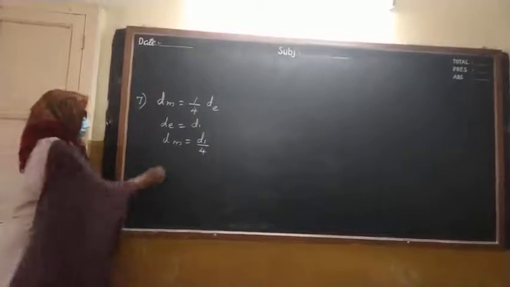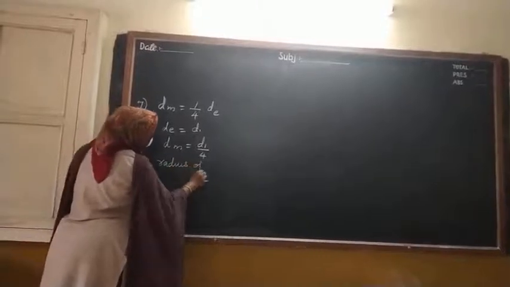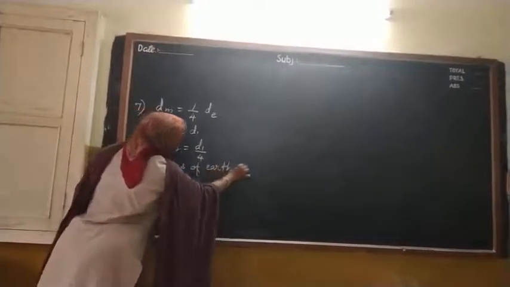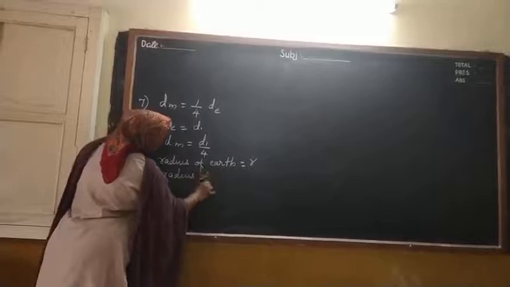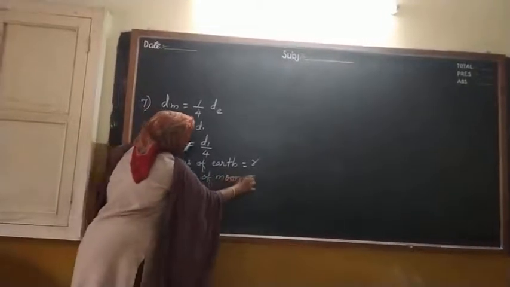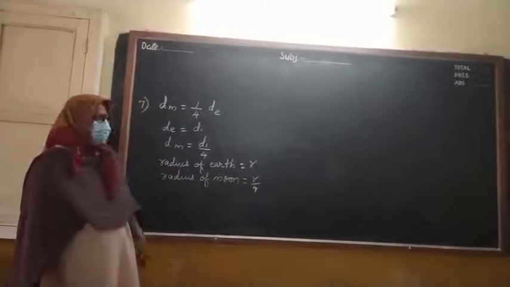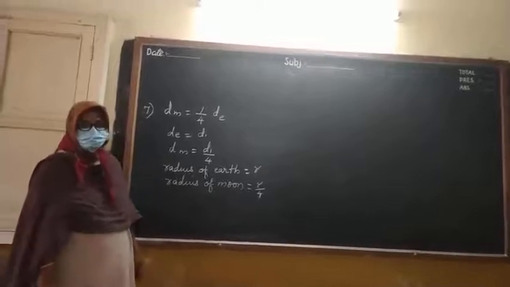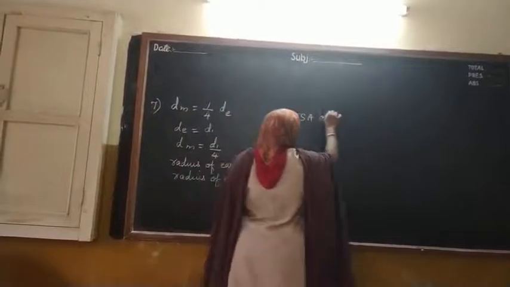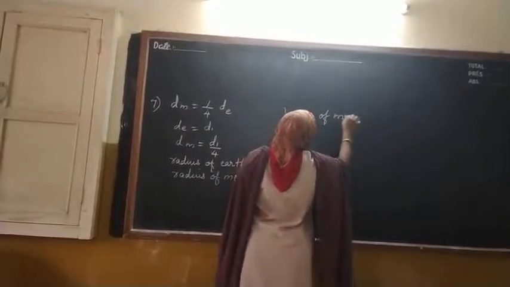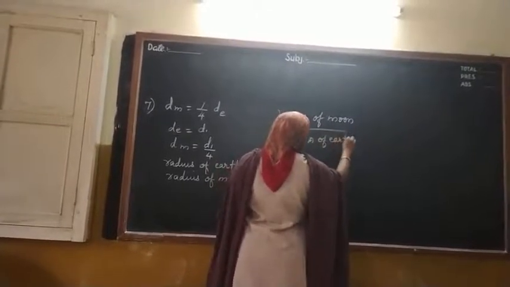Now radius of the earth is equal to R. Then radius of the moon will be equal to R by 4. Now the ratio is asked. So total surface area of the moon by total surface area of the earth, both of them are spheres.